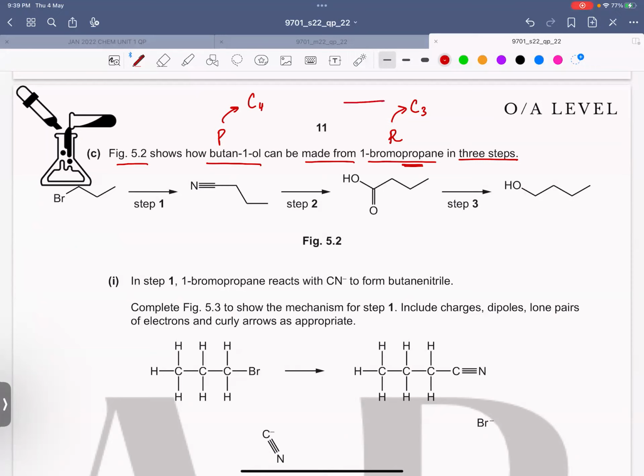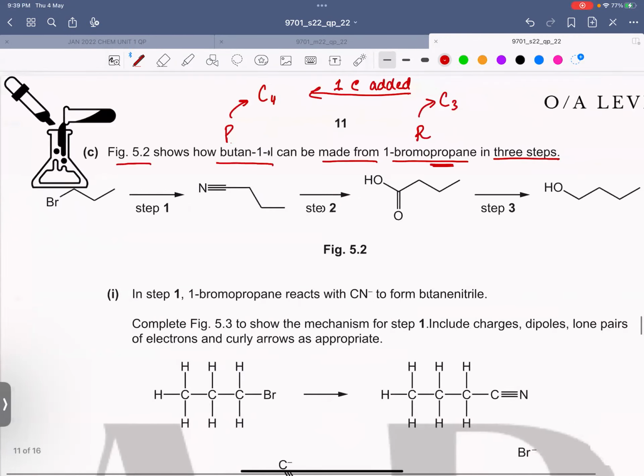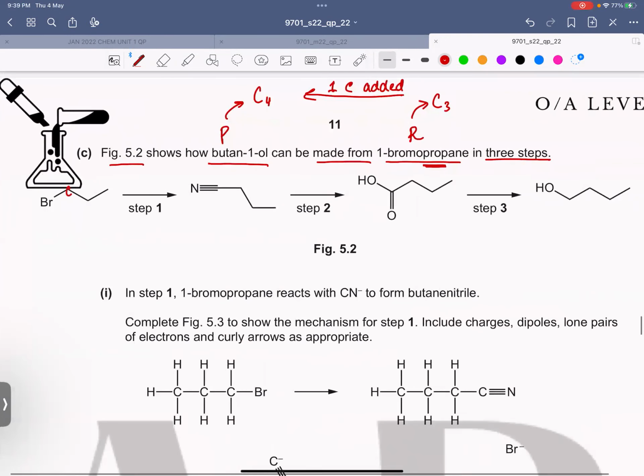If 1 more carbon is added, it clearly indicates that there is a reaction in the series where we have added a cyanide group. A nitrile group is being added. In the series of reactions, you can easily figure it out. This is a carbon, this is a carbon, and this is a carbon.